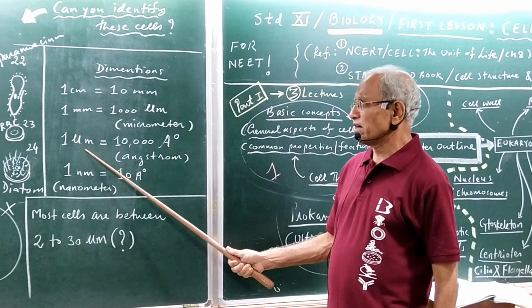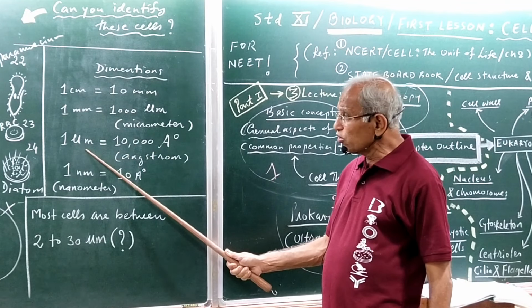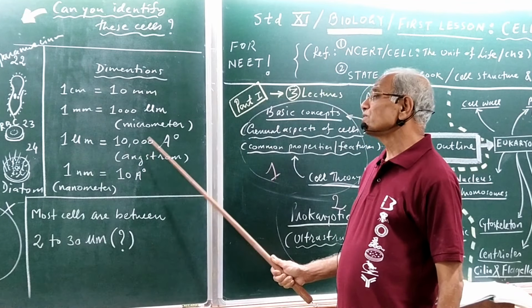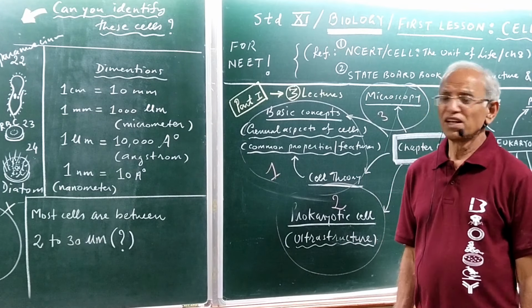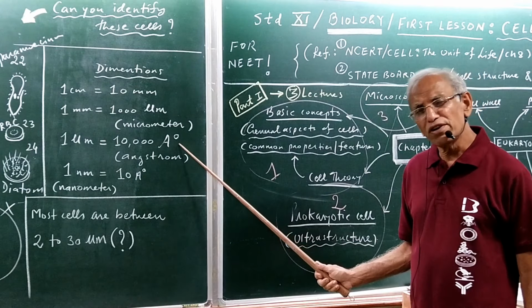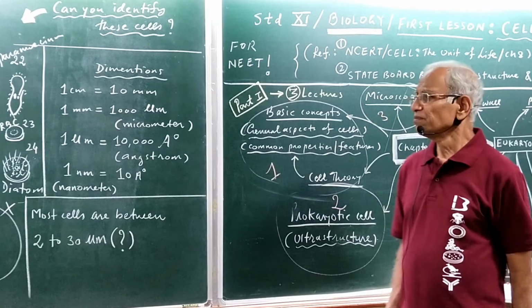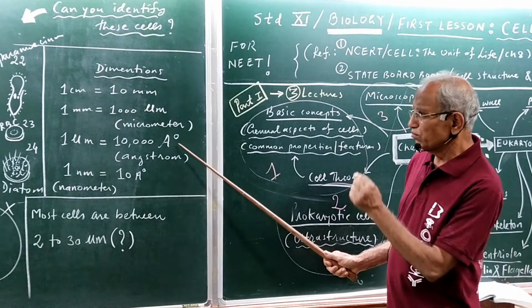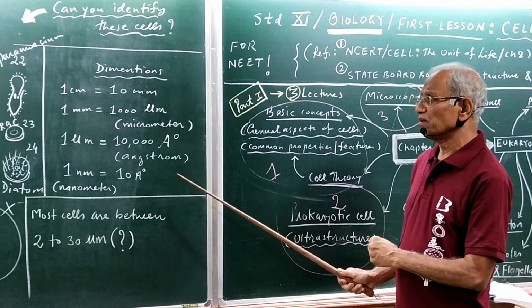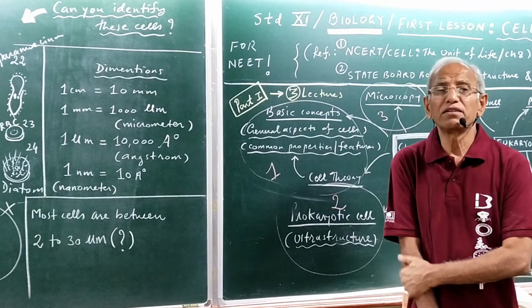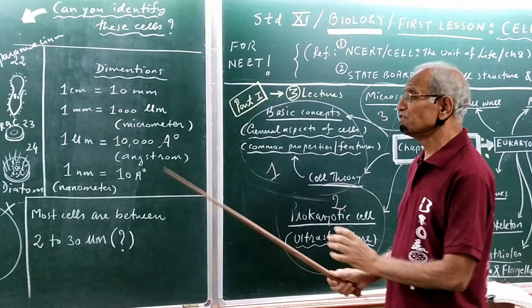So micrometers. 1 micrometer is 10,000 angstroms. I think many of you already have this idea of this very tiny measuring unit, angstrom. You know, many of the atomic dimensions are considered in angstroms.